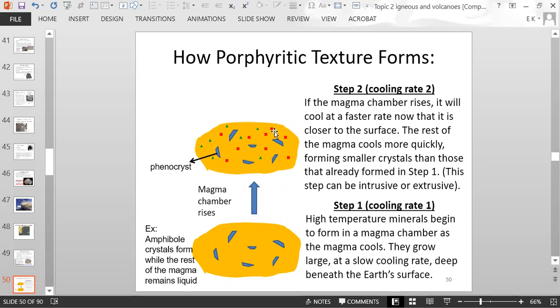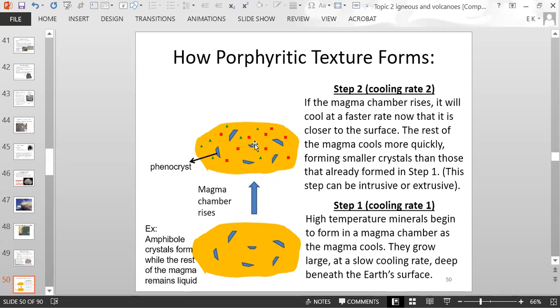Now, the ground mass, again, I said before, could be intrusive or extrusive. So it could be fine-grained or coarse-grained, depending on the situation. So if this magma chamber were to go really close to the surface and even erupt as lava, then the ground mass would be fine-grained.